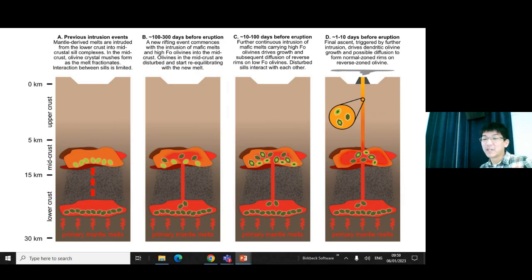And then in the final stages, possibly triggered by another dike intrusion, we have a second stage, which brings in yet more high magnesium olivines, which get normally zoned on their way up to the surface. And that's why that second distribution we see in the ZY normal zoned olivines is quite similar to the short timescales we get, which are believed to be growth affected.